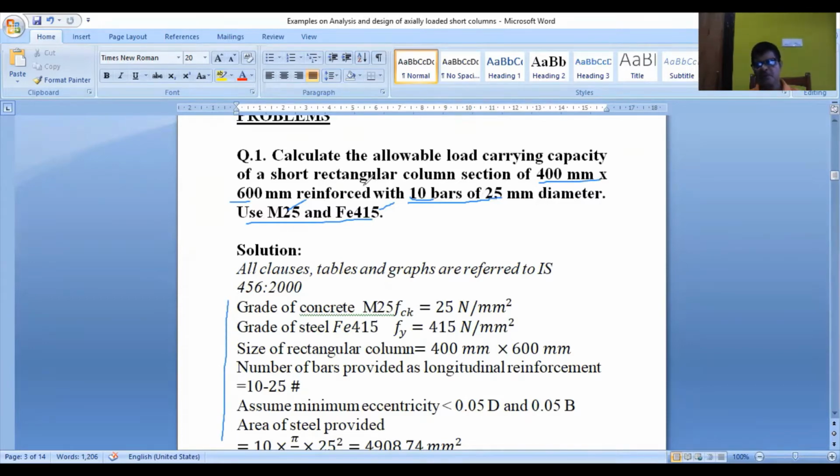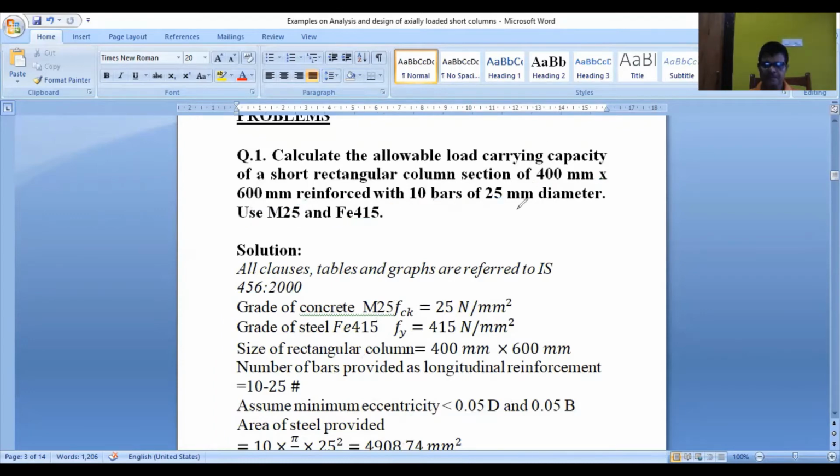And now here the minimum eccentricity shall be less than or equal to 0.05 times D. This is given in clause 39.1, on page number 71. For the calculation of minimum eccentricity, you need the effective length that is not given in the question. You can assume it satisfies the minimum eccentricity criteria, so that formula can be directly used.